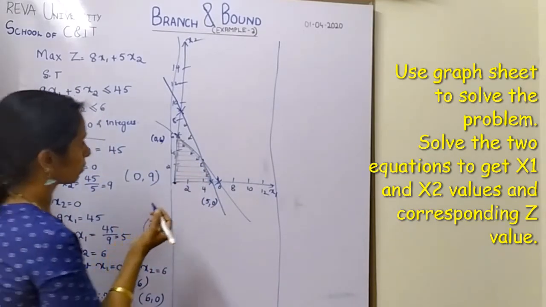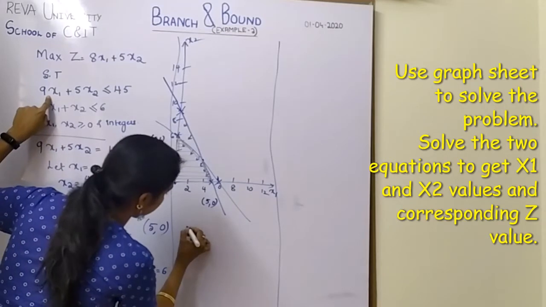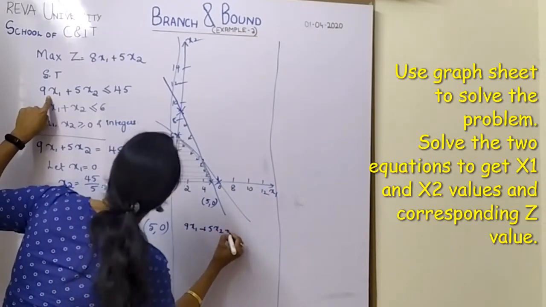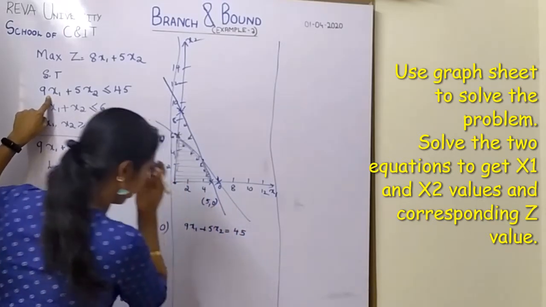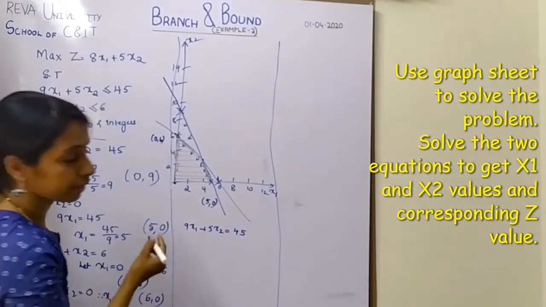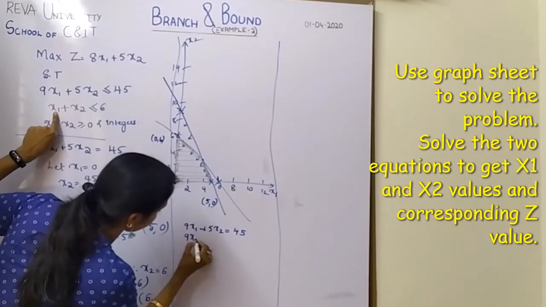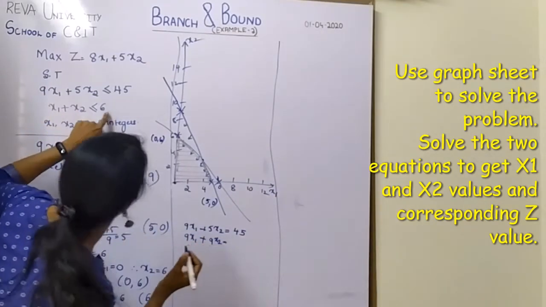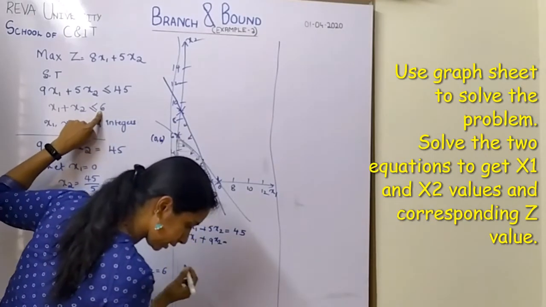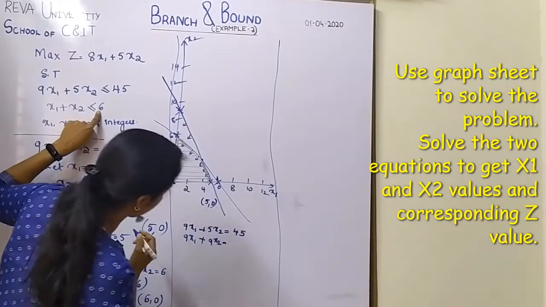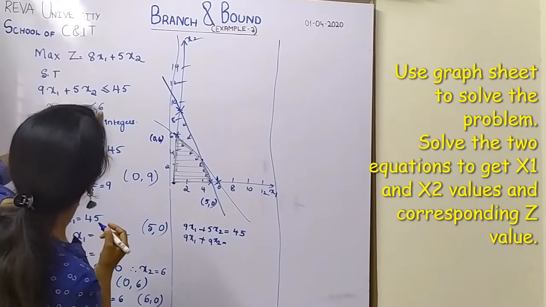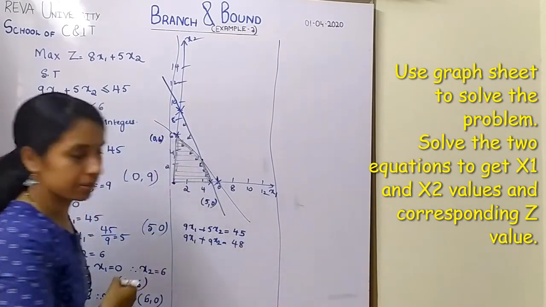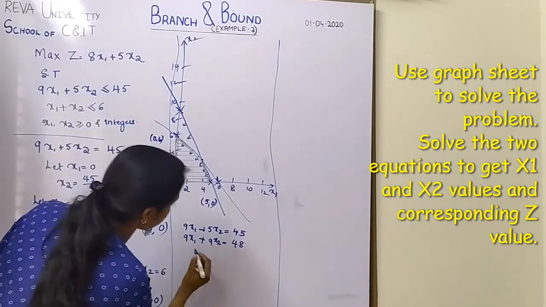So, this becomes 9x1 plus 5x2 equal to 45. I will multiply the second equation by 9. You will get 9x1 plus 9x2 equal to 54. Correct?